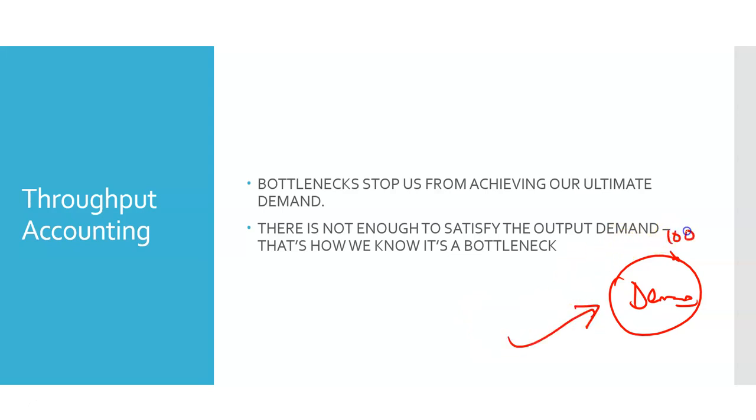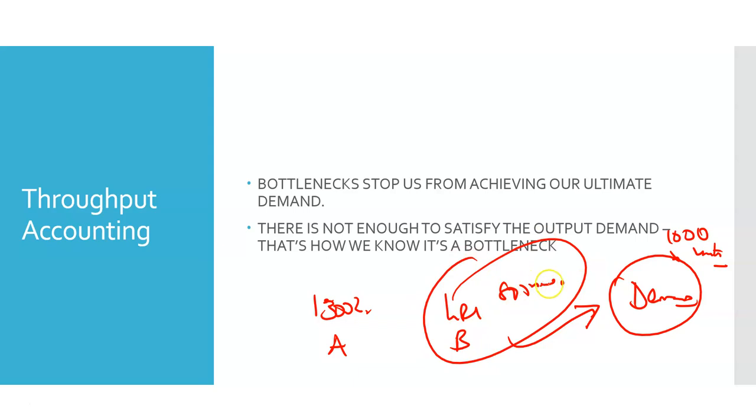So we might have 1,000 units being demanded, but only enough hours to make 800 units. In this other process, you might have 1,300 hours. So you have two processes here, and this is the bottleneck. Your aim is to ask what demand is, what people are requesting, and whether we can meet it.